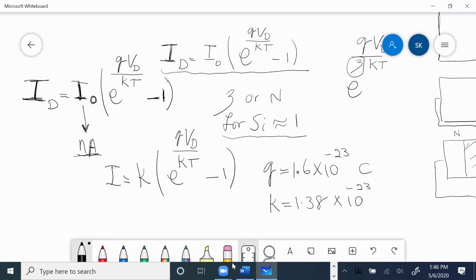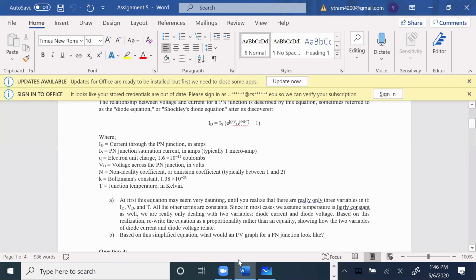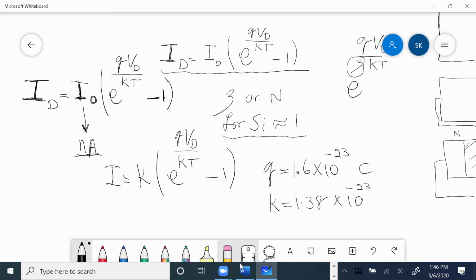Let me look it up. It doesn't give the units, and I can't remember what the unit is. Anyway, it's 1.38 times 10 to minus 23.